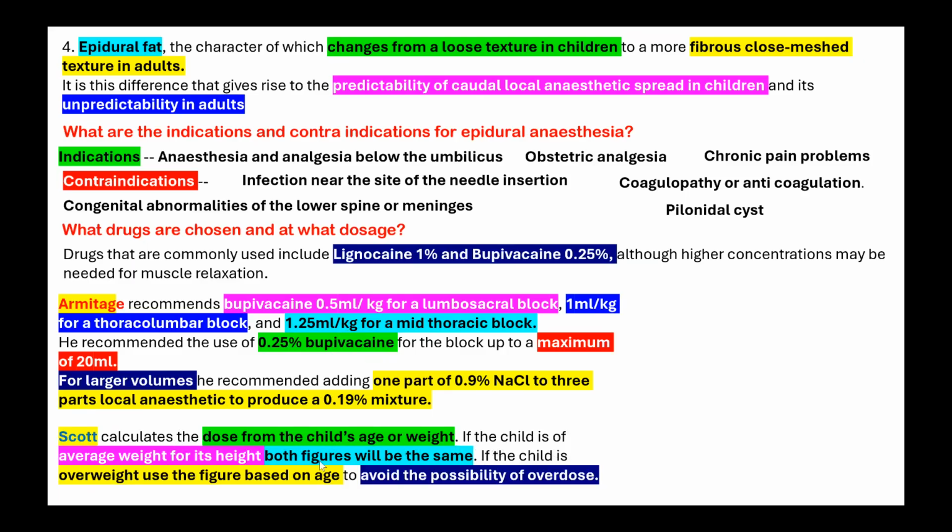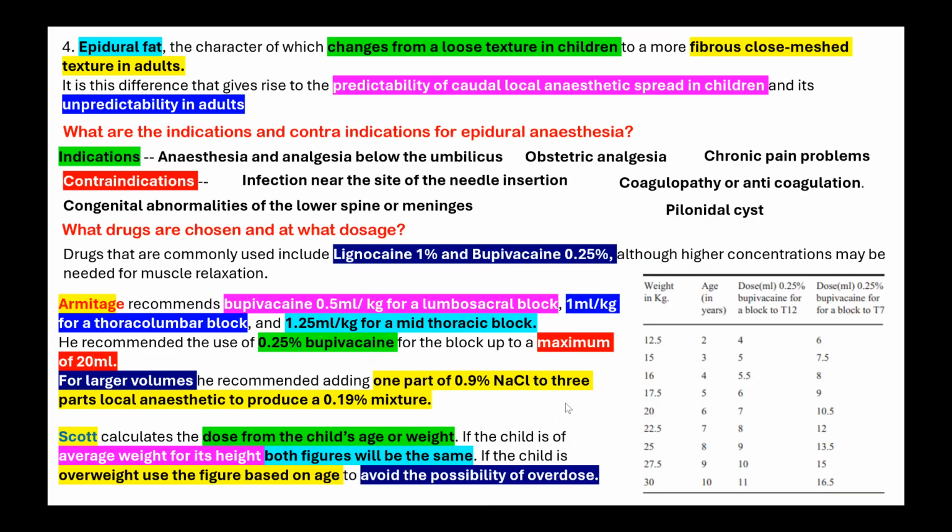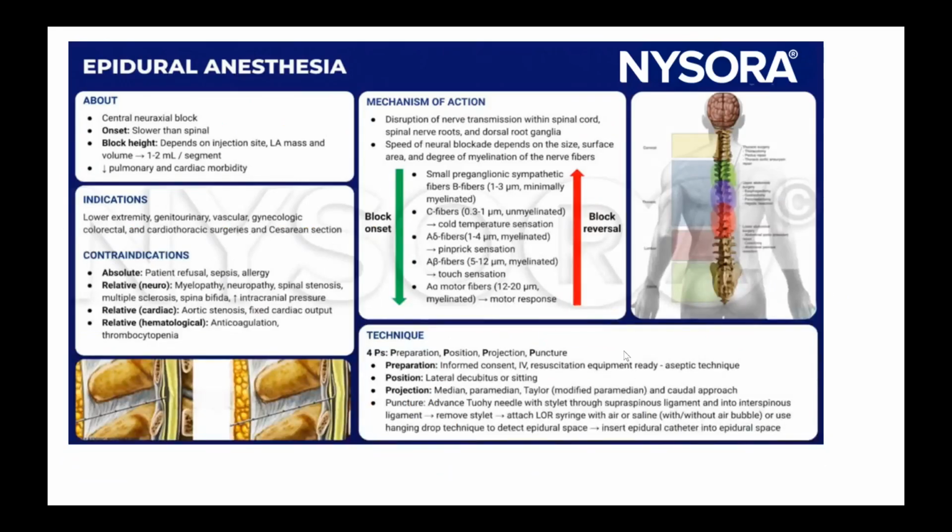If the child is of average weight for its height, both figures will be the same. If the child is overweight, use the figure based on age to avoid the possibility of overdose. And that is how the Scott formula is sometimes given. So this you can go through later, and based on that you can calculate the weight.